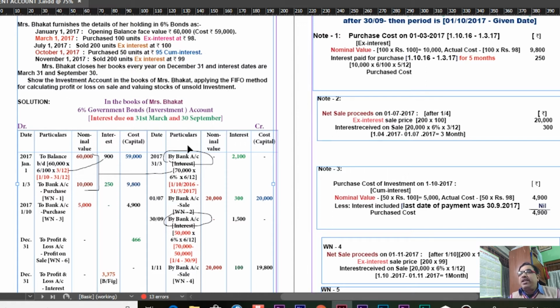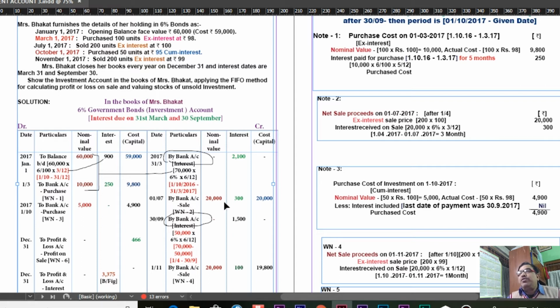It is a sale transaction, therefore for sale we get the journal entry: bank account debit to investment account, in place of sales investment, in place of purchase investment. Therefore, bank account debit to investment by bank account.